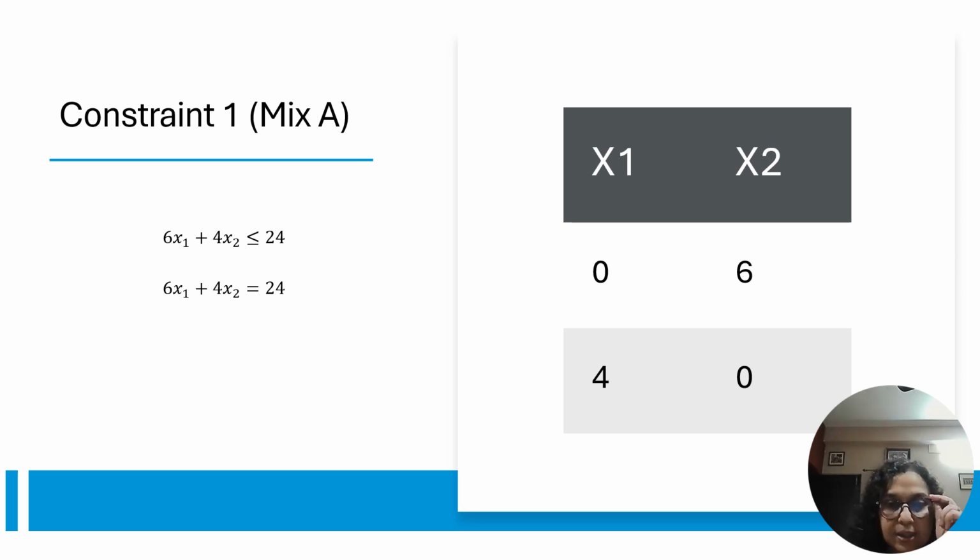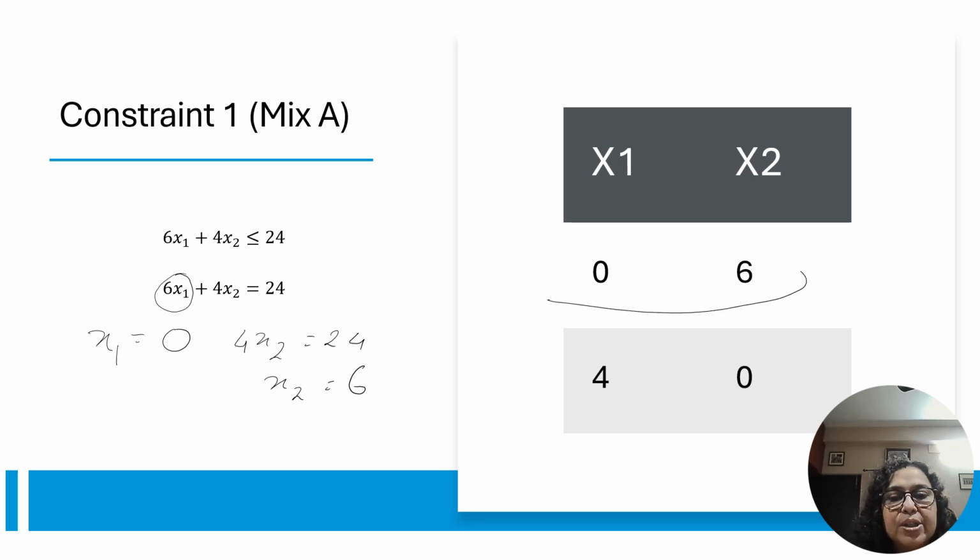And what we did first is we set x1 to 0. If we put x1 equal to 0, then this term vanishes. And so we have 4x2 is equal to 24, and so x2 is equal to 6. So we have the first point 0, 6.